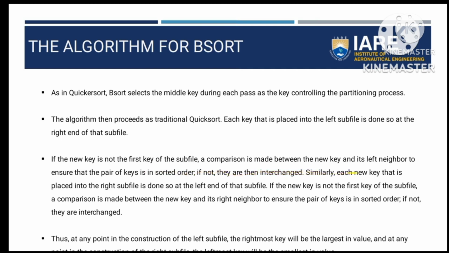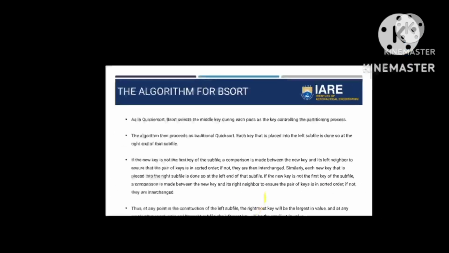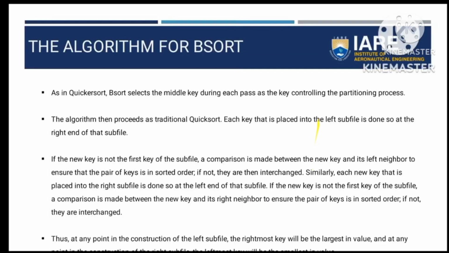Similarly, each new key placed in the right subfile is done at the left end of the subfile. If the new key is not the first key of the subfile, a comparison is made between the new key and its right neighbor to ensure the pair of keys is in sorted order. If not, they are interchanged. Thus, at any point in the construction of a subfile, the rightmost key is largest in value.